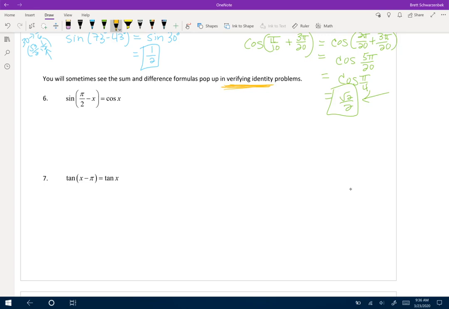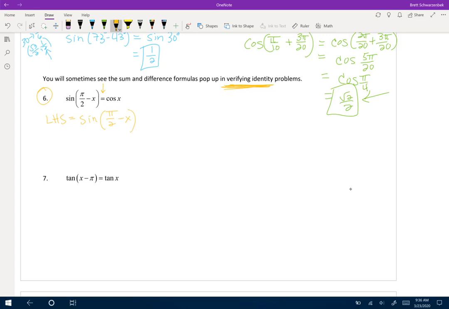If you look at number 6, you'll see that we have two sides of the equation as always, and our goal is to work from one side to the other to prove that they are the same. Left side, clearly more complicated. Therefore, let's start on the left-hand side, which is the sine of pi over 2 minus x.